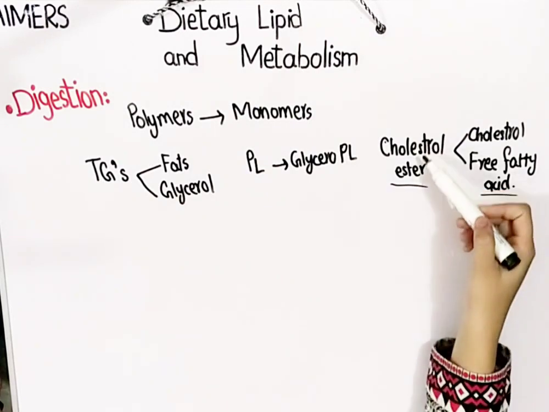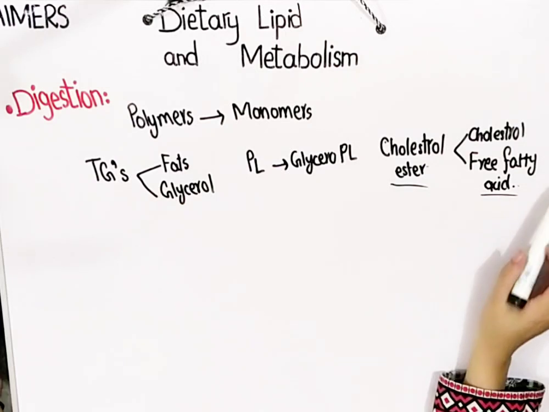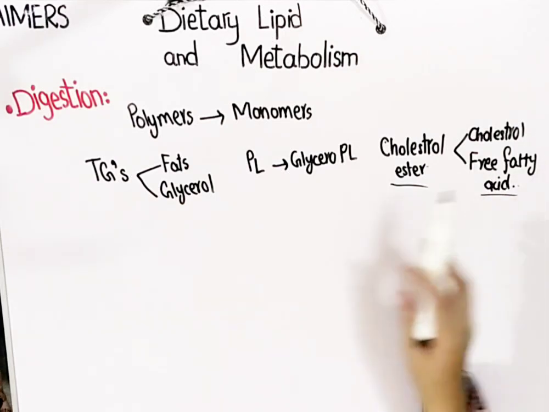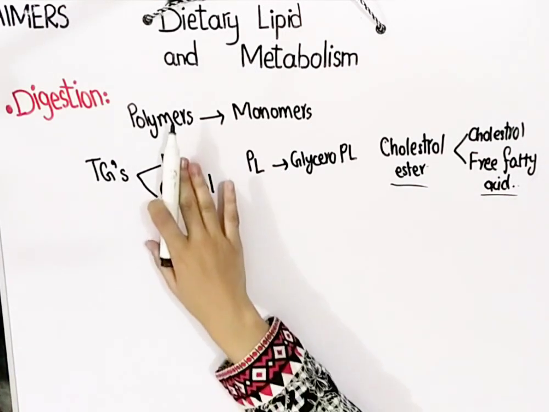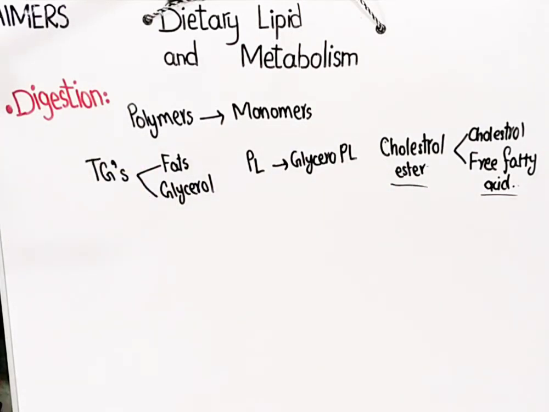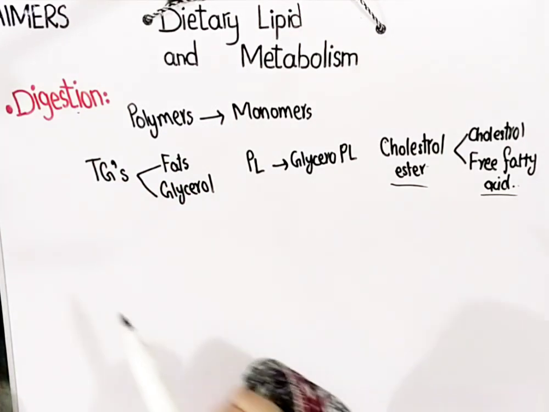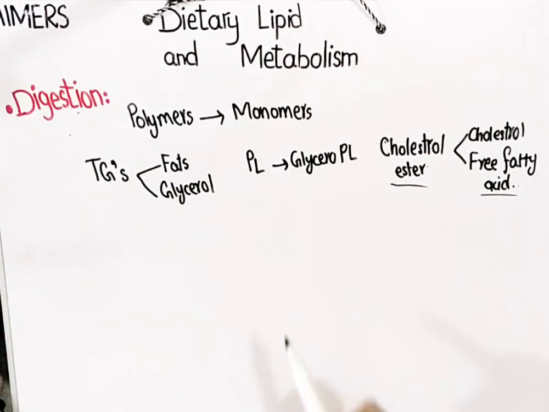Like we broke cholesterol ester and the fatty acid was released, this would be termed the free fatty acid. Now these are the polymers and these are the monomers. It means that digestion has been completed. And I told you earlier that digestion begins in the stomach and ends in the small intestine.